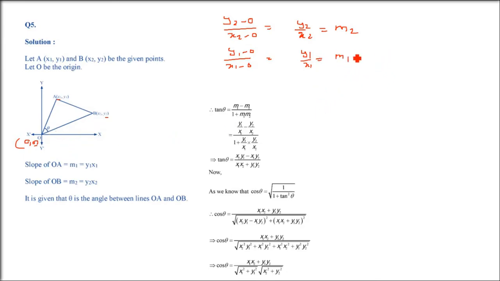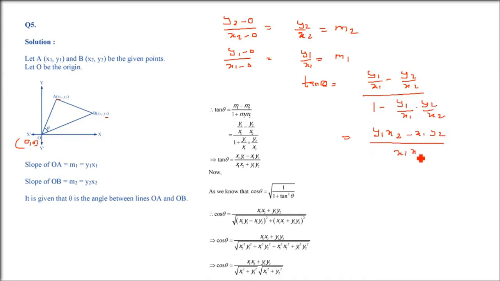Now tan theta is what? Tan theta is m1 minus m2 by 1 plus m1 m2. So tan theta will be y1 by x1 minus y2 by x2 by 1 plus y1 by x1 into y2 by x2. This is plus in the denominator. Then this is y1 x2 minus y2 x1 over x1 x2, and in the denominator you have x1 x2 plus y1 y2 divided by x1 x2.